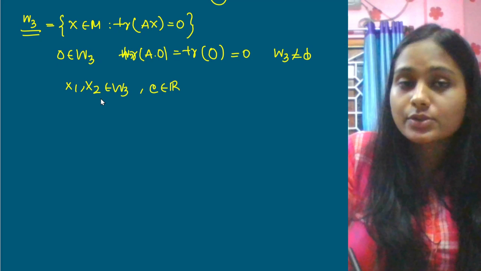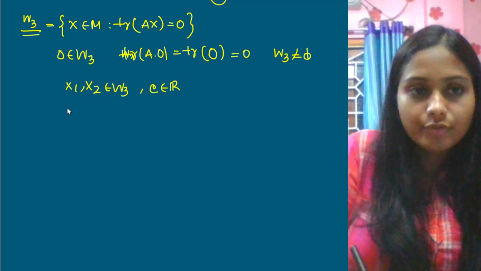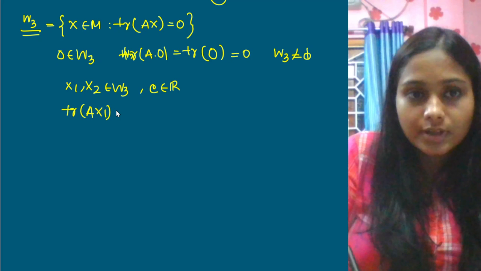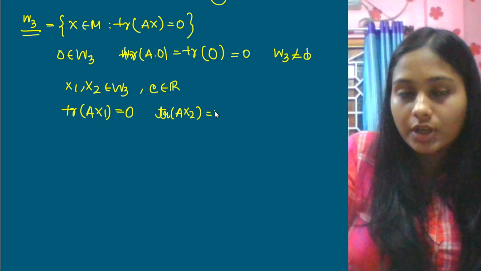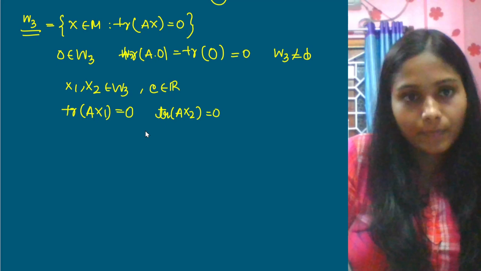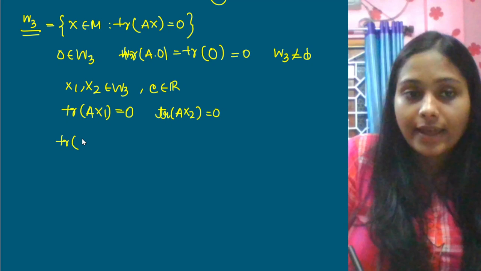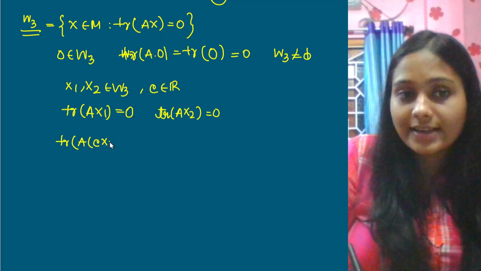So, since x1, x2 belong to W3, we can conclude that trace of A x1 equals 0 and similarly trace of A x2 is also equal to 0. We need to check whether trace of A into C x1 plus x2 is 0 or not.